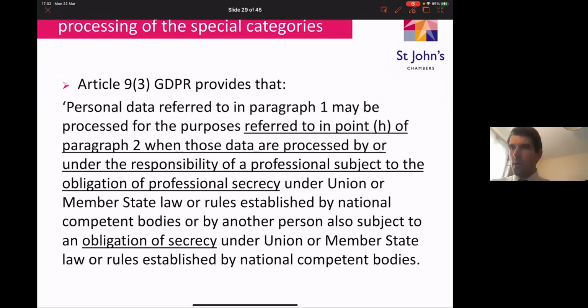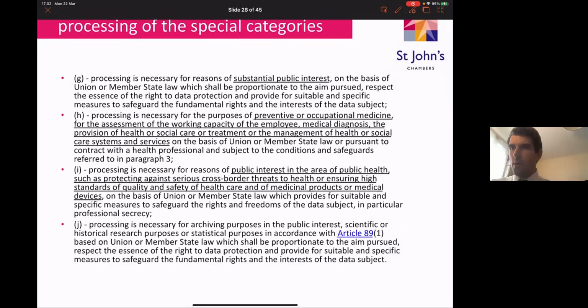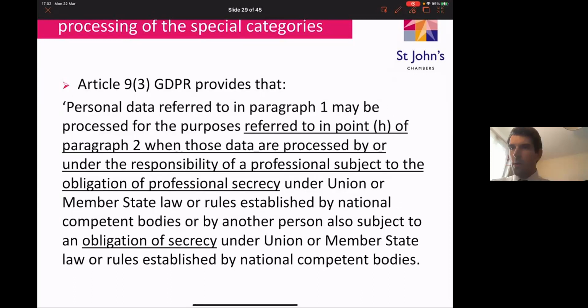And Article 9.3 also makes clear that where data at point H, and just to scroll back to it, that's in respect to processing for preventative or occupational medicine, that data may be processed by persons who are under the responsibility to the data subject and have an obligation of professional secrecy to them.